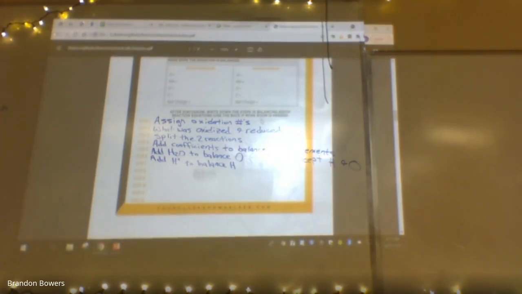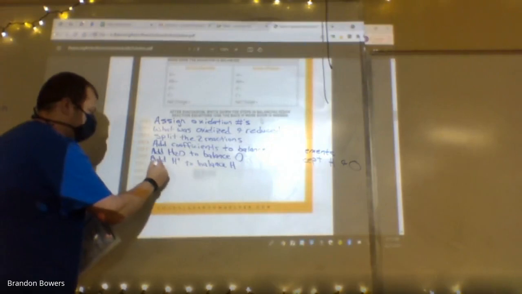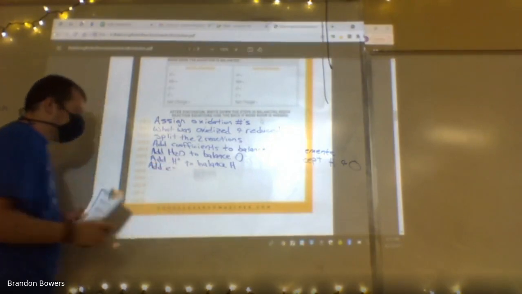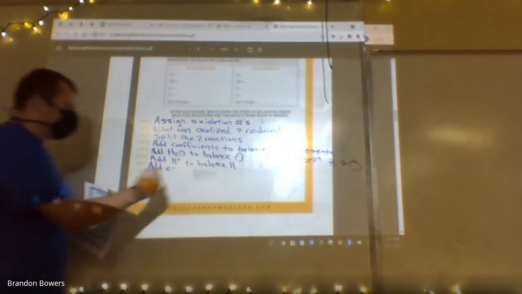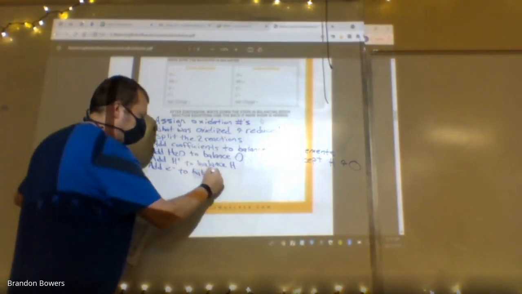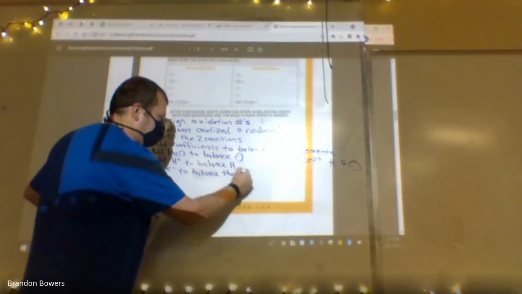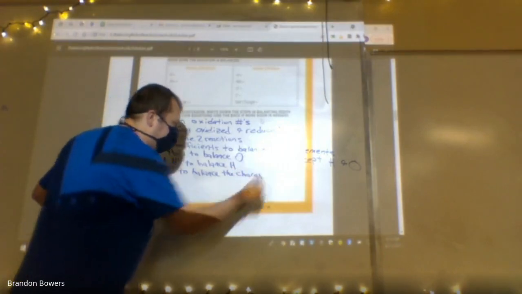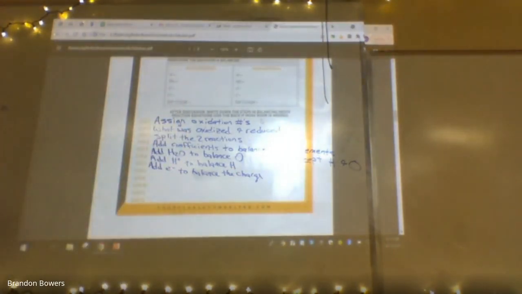Let's see, step 7, we added electrons to balance the charge. Okay, added electrons to balance the charge.